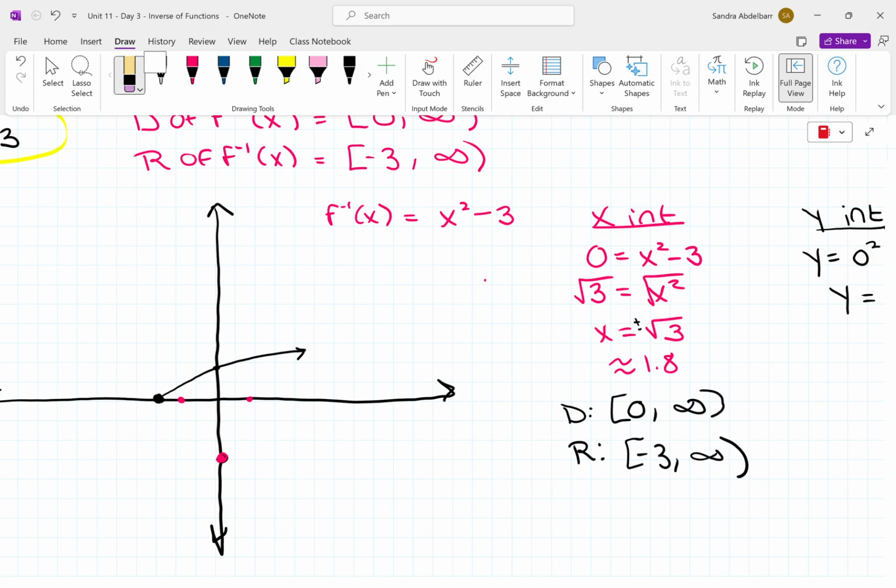So. And then the negative root 3. Good. The negative root 3 gets erased. Right. And then my range is saying it's starting at -3. Is that okay?